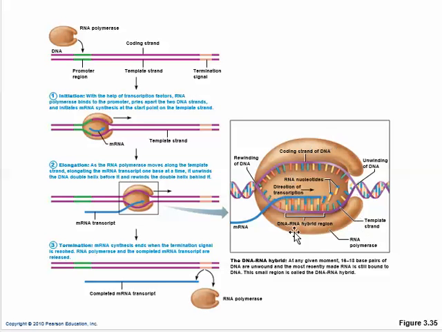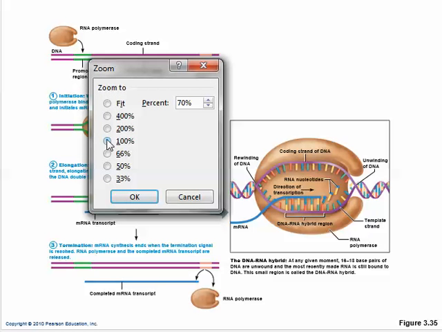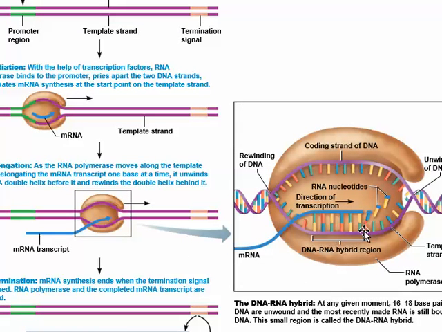So if you look at this, we can zoom in. Okay, you can see that the nucleotides for the RNA are starting to fill in on the DNA, and you end up with a complementary strand of messenger RNA with codons on it that are complementary.